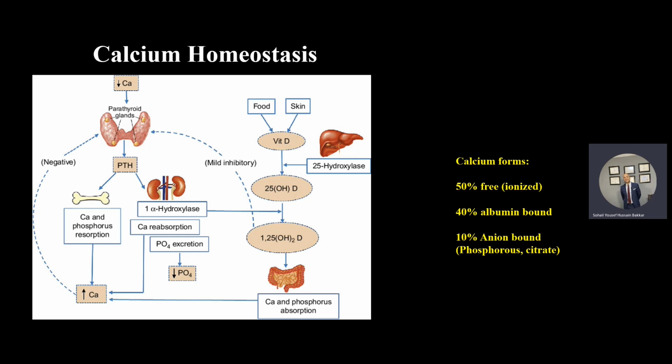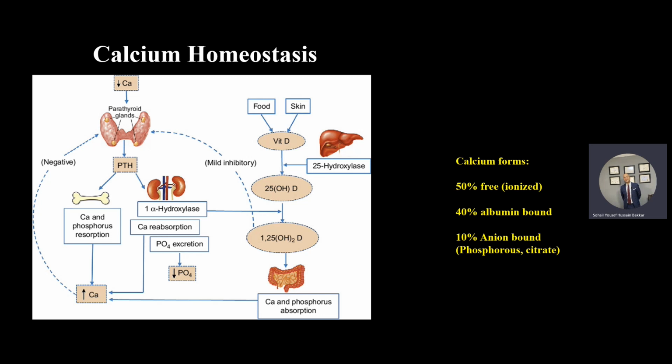How could we differentiate biochemically between primary hyperparathyroidism and secondary hyperparathyroidism? In primary hyperparathyroidism, the parathyroid gland itself is autonomous.